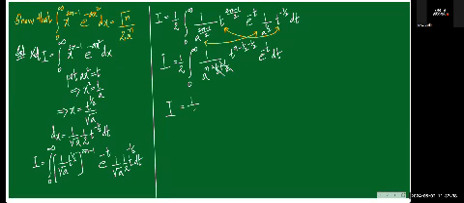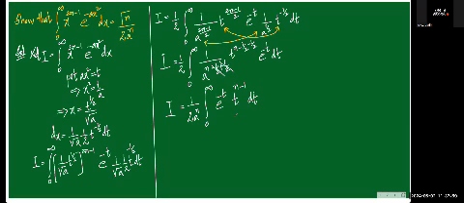After simplifying everything, you can take it outside, 0 to infinity. Now look at e power minus t as it is, t to the power of n as it is, minus half how much? Minus 1. That's it.